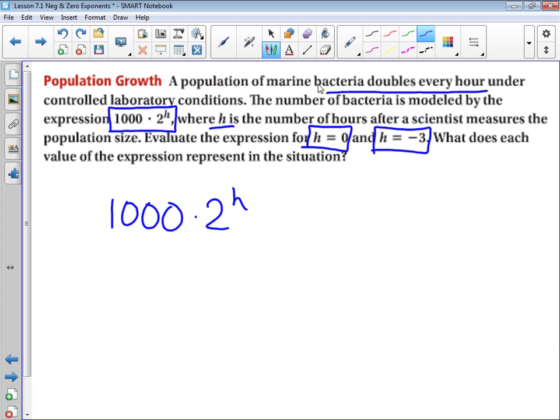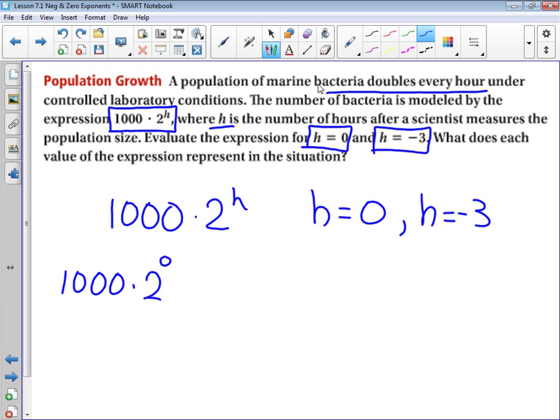So I'm going to take this expression, 1000 times 2 to the h, and I'm going to evaluate it when h is 0 and when h is negative 3. So it's two different expressions. First when h is 0, and second when h is negative 3.